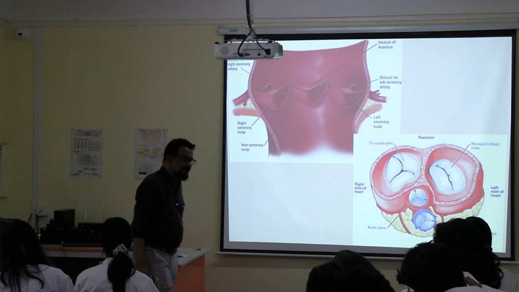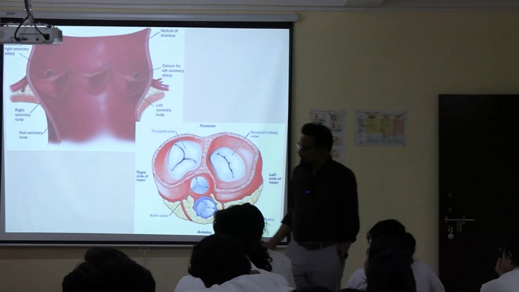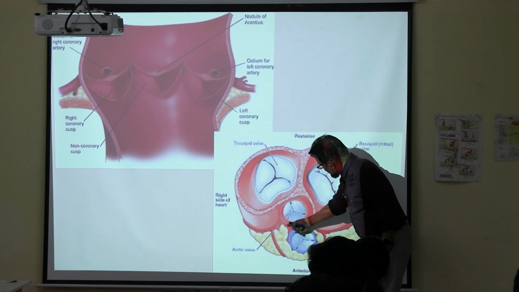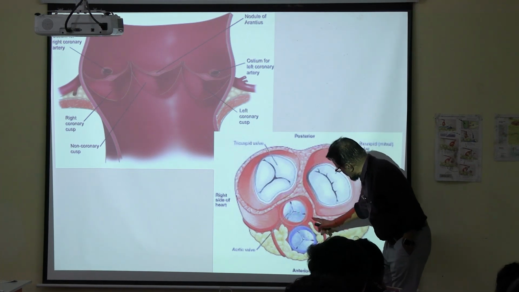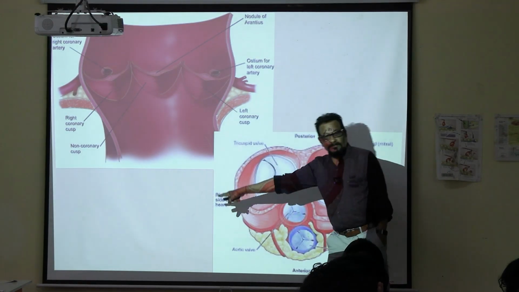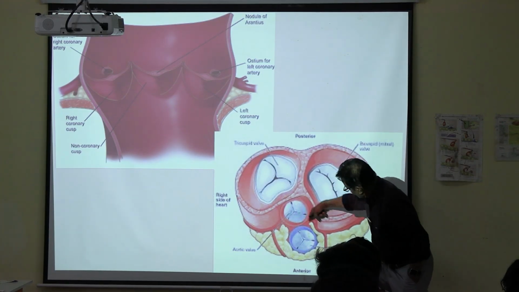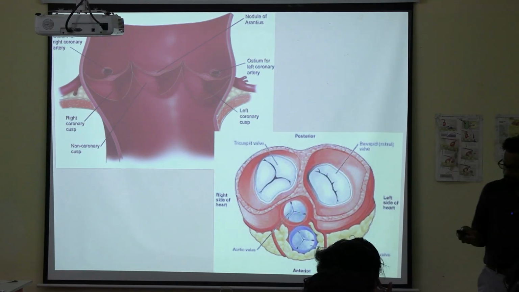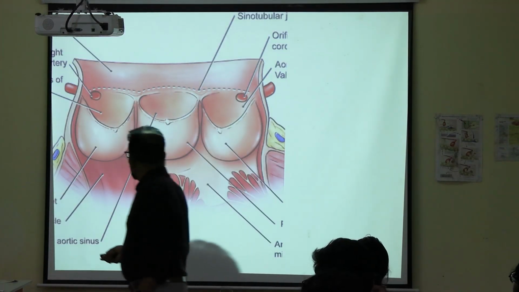These apertures are the openings of the left and right coronary arteries. This is the aorta, this is the root. From the root, this is the left coronary artery and this is the right coronary artery. They originate from these apertures. Now it is more clear to you.